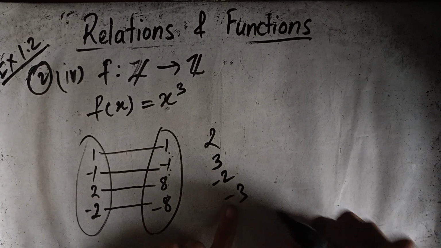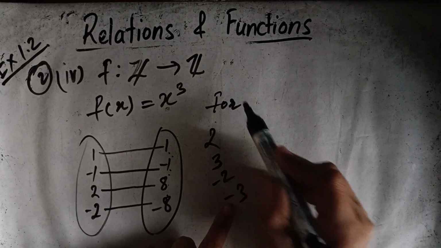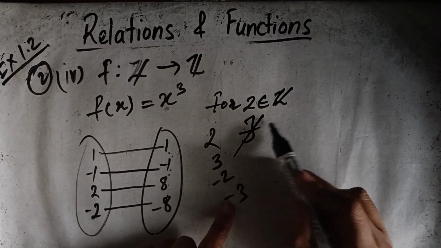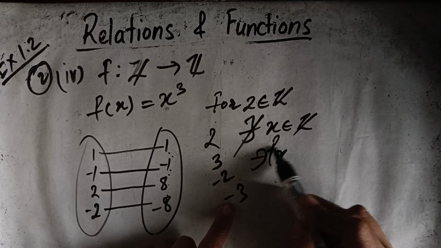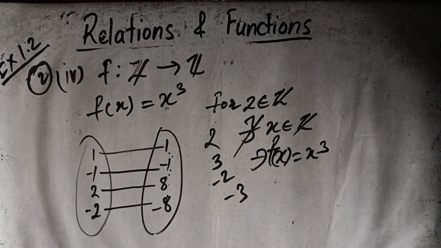So these numbers are not mapped. So for 2 belonging to set of integers, there does not exist any x belonging to Z such that f of x is equal to x cube.